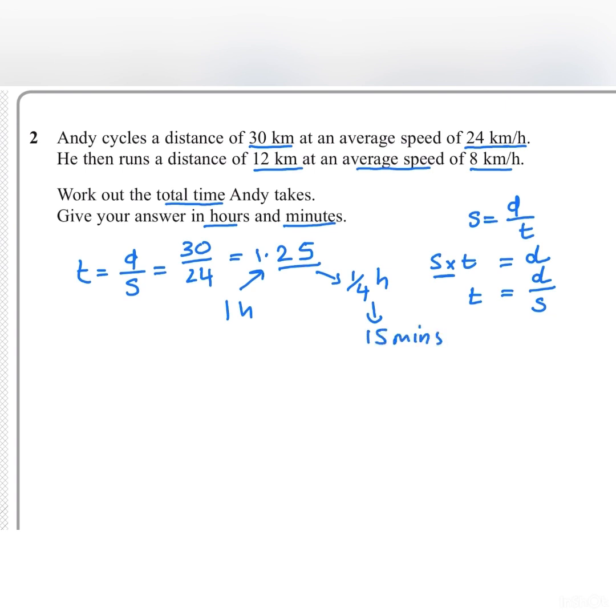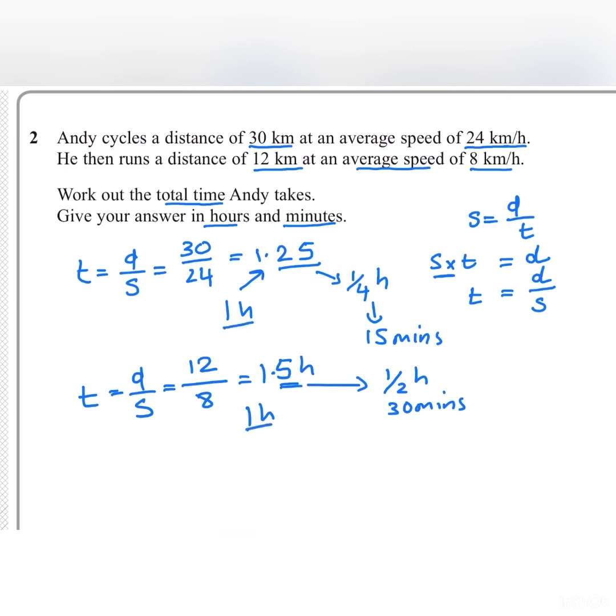Okay, and then part 2 of the question, when he runs. So again, we do the same thing. Distance is 12 and the speed is 8, which is 1.5 hours. So again, we got 1 full hour, and 0.5 is half an hour, which is 30 minutes. Okay, so altogether, we got 1 hour, 1 hour, 15 minutes, and 30 minutes. So it's 2 hours and 45 minutes.